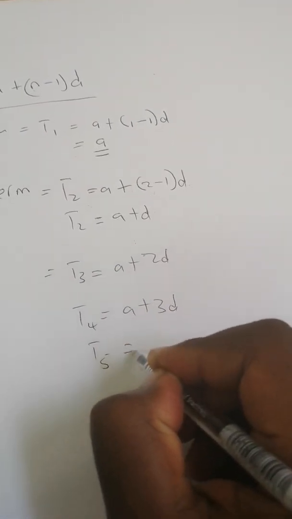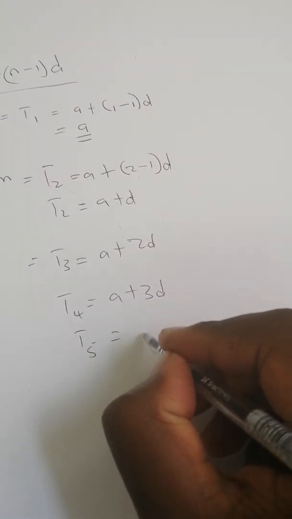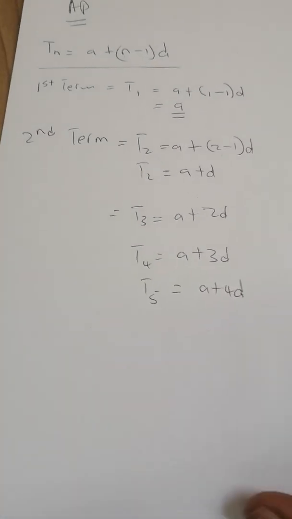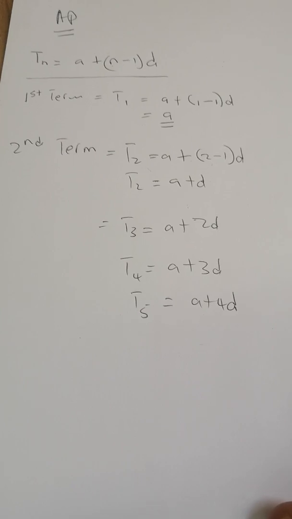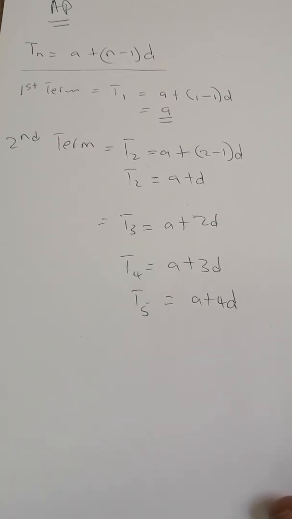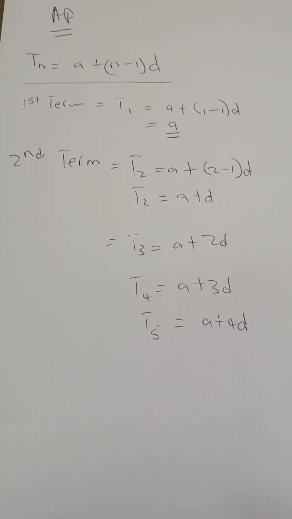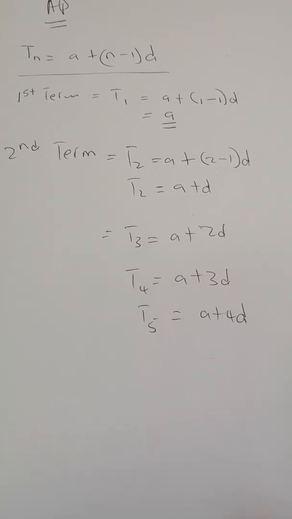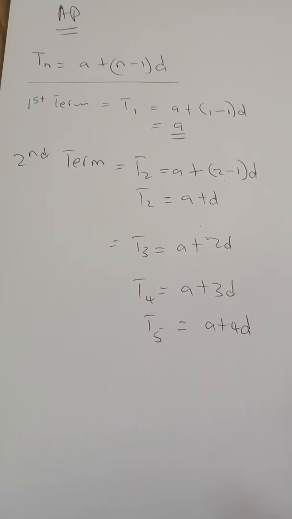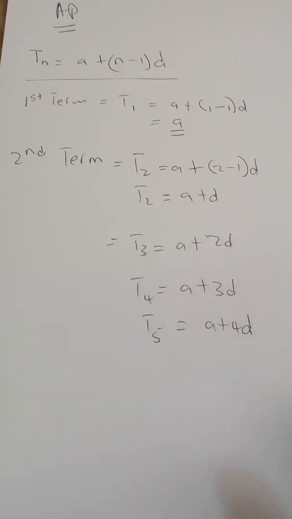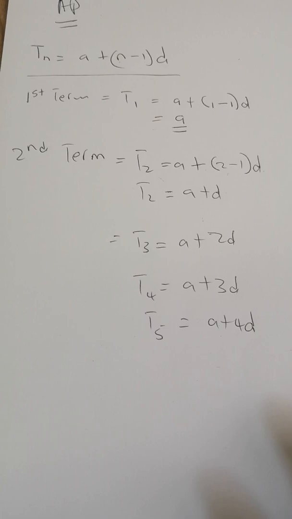T5 is equal to a plus 4d. So you continue like that. This is the first rule you will have to understand about the nth term. It is very critical when it comes to arithmetic progression.